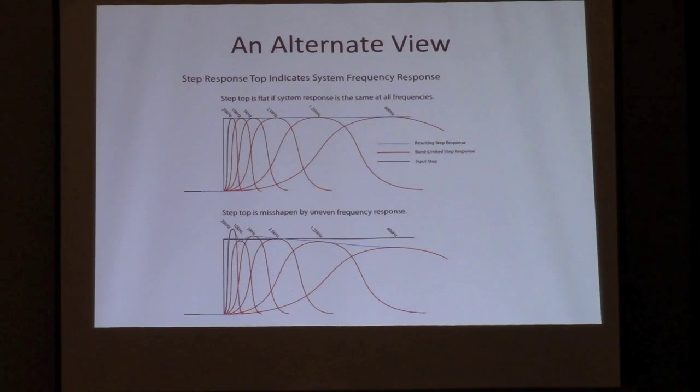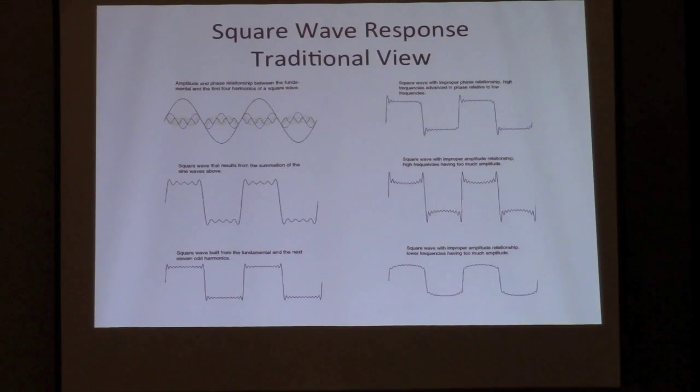And for me, the reason I use square wave is that it gives you a picture in time, but it also gives you some idea of the frequency response. You can tell the balance of the frequency response because of the shape. Just like I showed over here, you can tell that this has not enough high frequencies in it, and this one has too much.